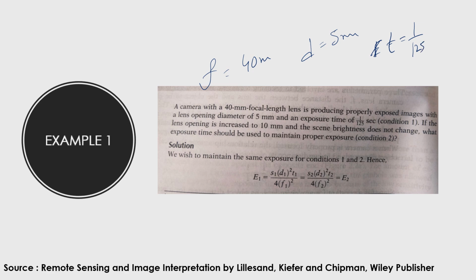If the lens opening is increased from 5 millimeter to 10 millimeter, and the scene brightness does not change, then what exposure time could be used to maintain proper exposure?